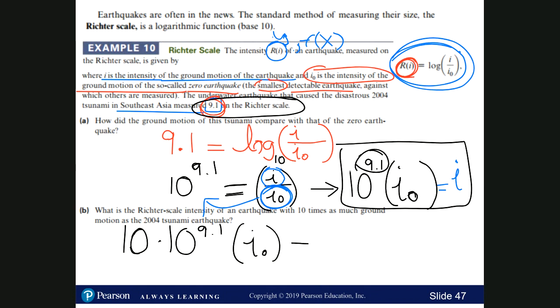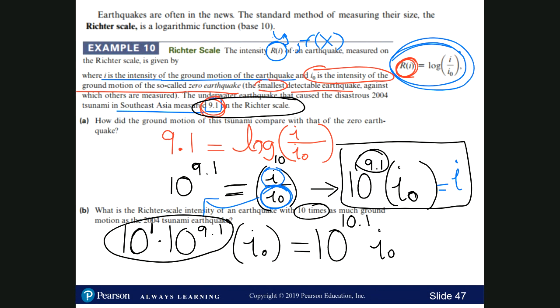And what that will give us is we can use that rule with exponents that states that if you multiply two numbers with the same base, you add the exponents. So that will be 10 to the power 10.1 times the intensity of a 0 earthquake. So that will be 10 times as much ground motion. And that concludes this video.